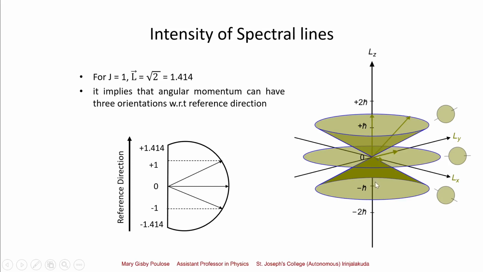And if L is equal to minus 1, the molecule can rotate along the cone that is facing downwards. All these rotations will have the same energies and hence the energy levels for these rotations are said to be degenerate.